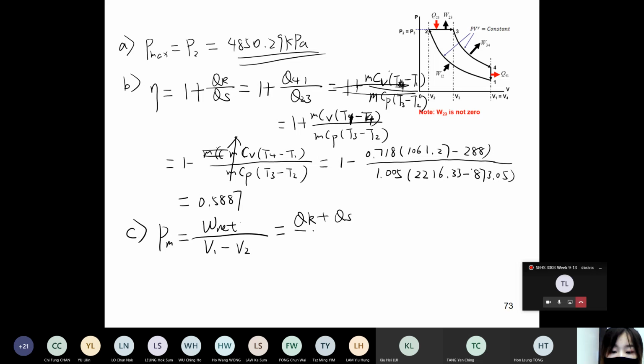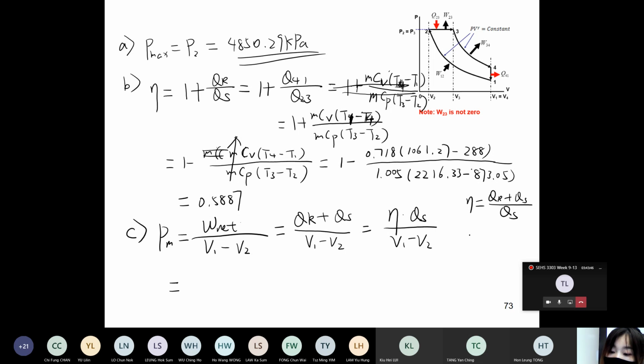You can use this one to calculate, or you can also use the thermal efficiency. They are the same, right? They are the same because of the thermal efficiency. You can use both of them, okay?